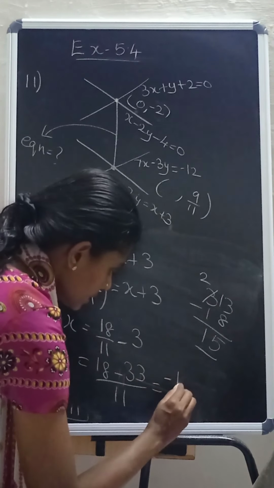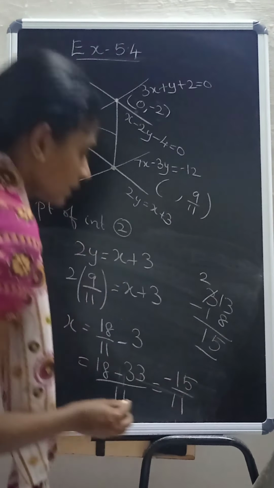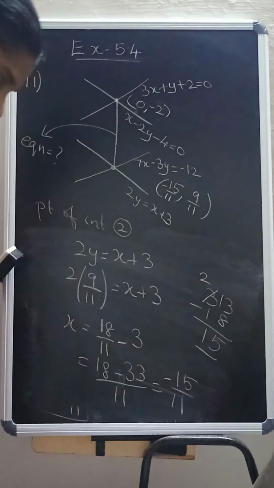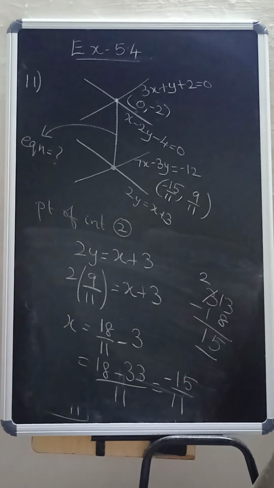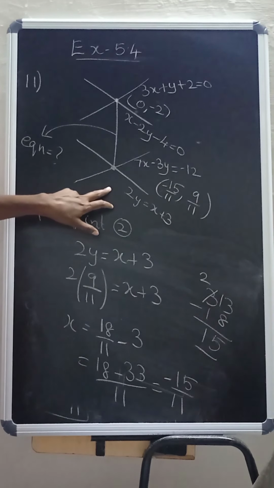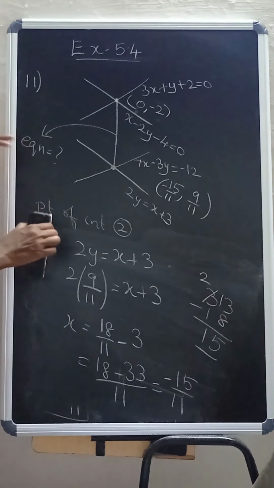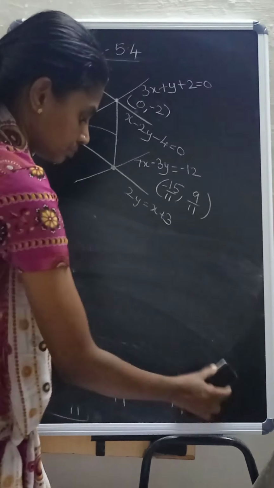So you get x is minus 15 by 11. So you have the second point of intersection as minus 15 by 11 comma 9 by 11, and the first point of intersection is 0 comma minus 2. Now we have got 2 points, and using 2-point form we are going to find the equation of the line.